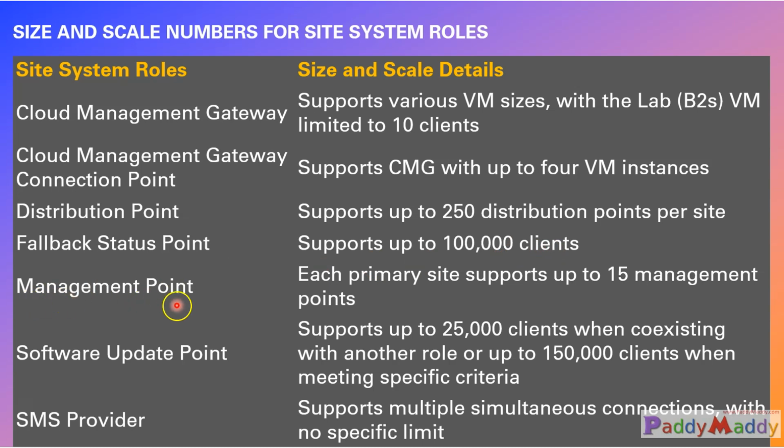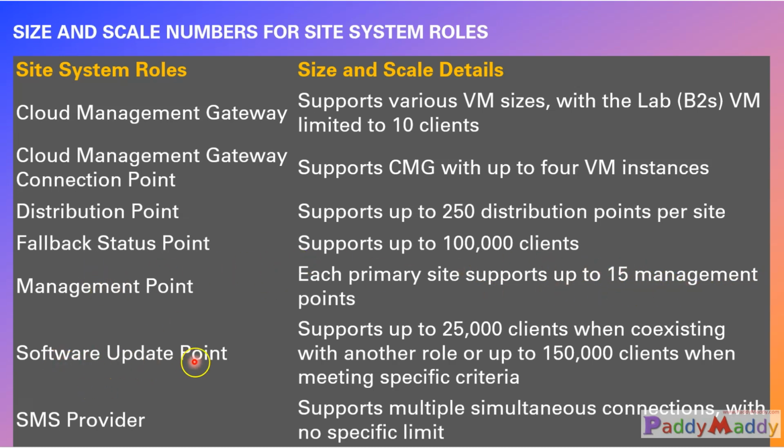Now, when we talk about the management point, management points can support clients, and you also need to scale how many management points can be enabled. Each primary can have up to 15 management point roles enabled maximum.